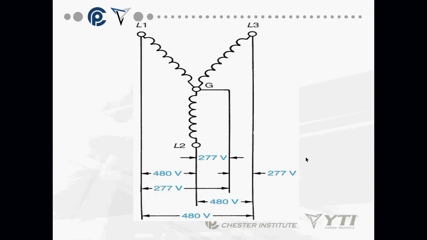Look at that center point. What's the difference? Ground and neutral. This one is ground. I don't have a neutral. That's why I have to use another transformer. What we do is we take one leg of this and we step it down to a 120 volt with a grounding. Okay, we use another transformer.